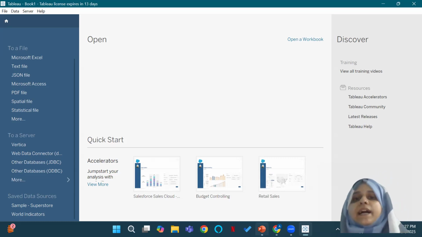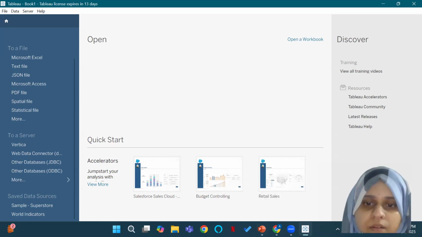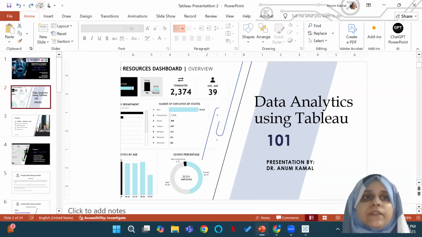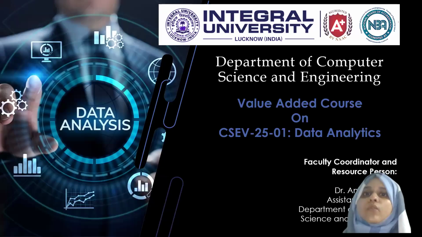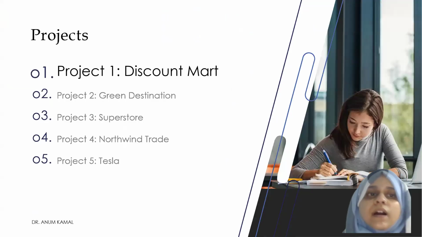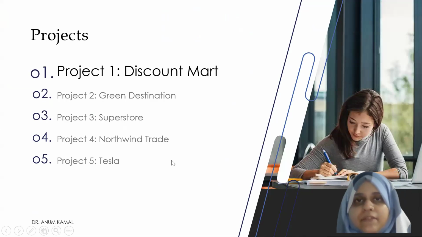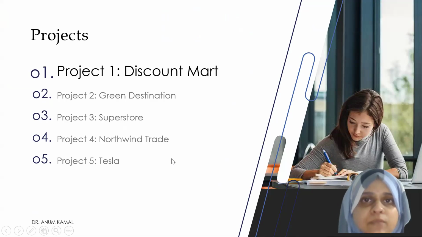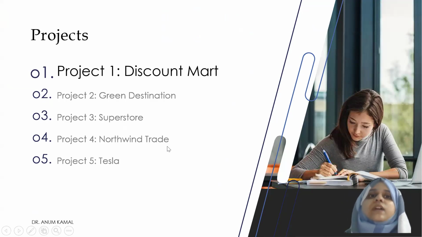So let's get back and dive into our project. Before moving to the project, let me give you an overview of it. Throughout this course we will be doing 5 projects and we'll have hands-on practice on them. So please make sure you install Tableau Desktop and follow along with me through these projects.